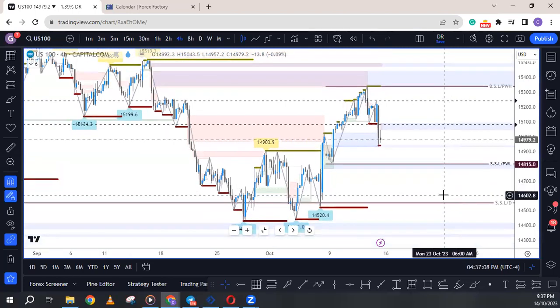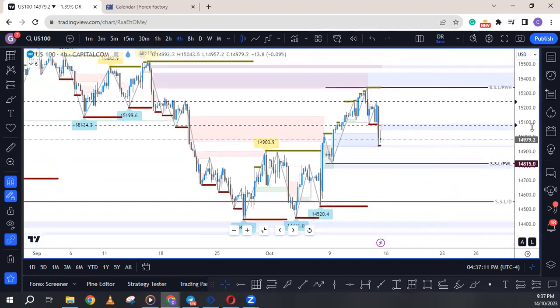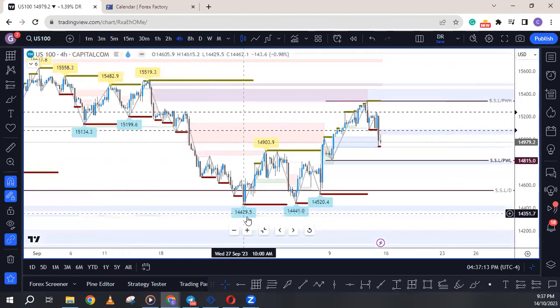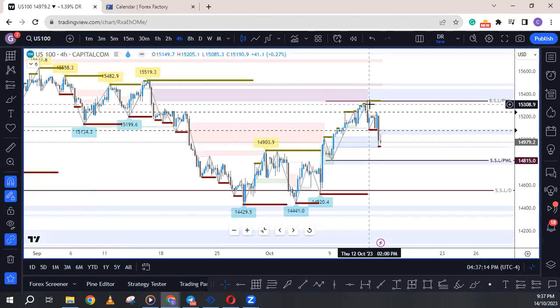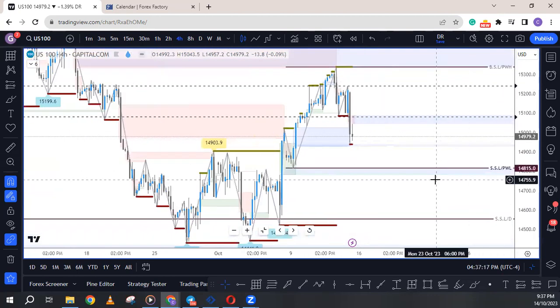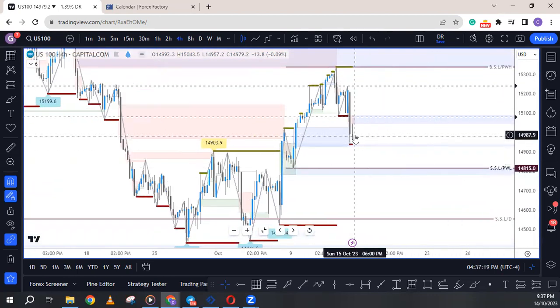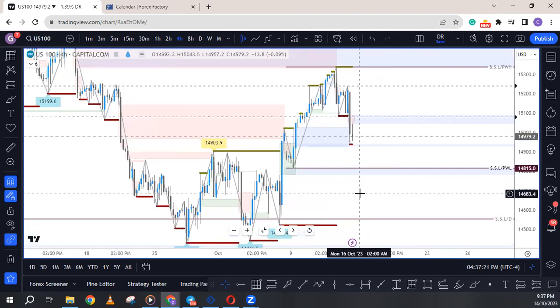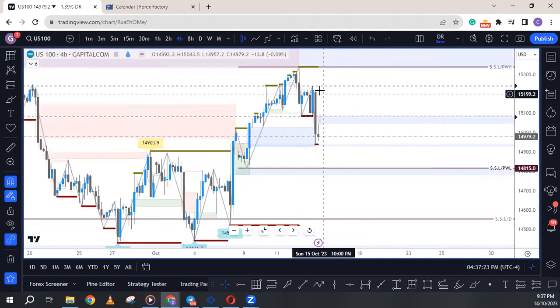So looking at this, this is the major move down. This is the retracement. Going into this new week, what I'd prefer to see on this pair is that if it's to continue going down, it needs to rally first into this structure point here.